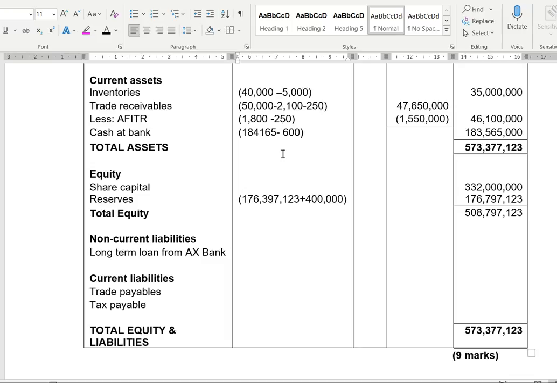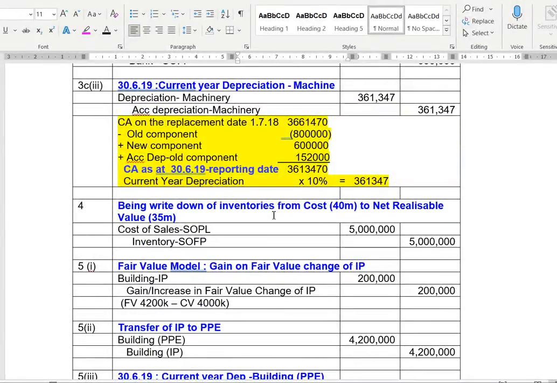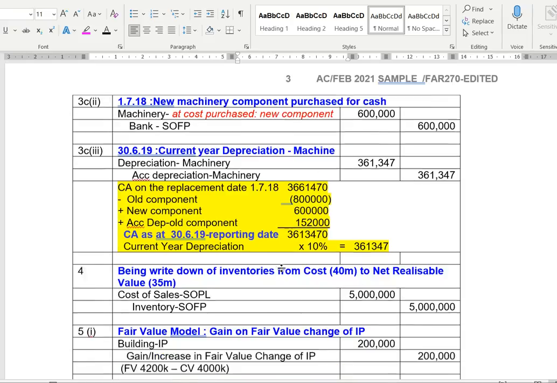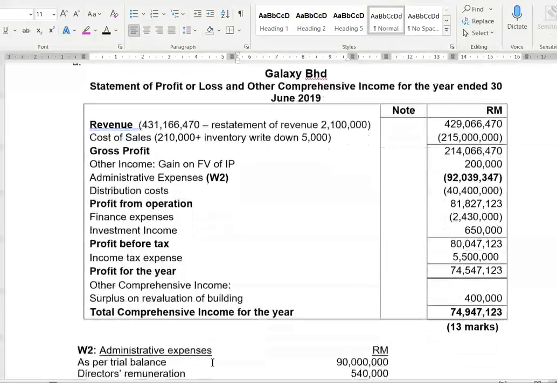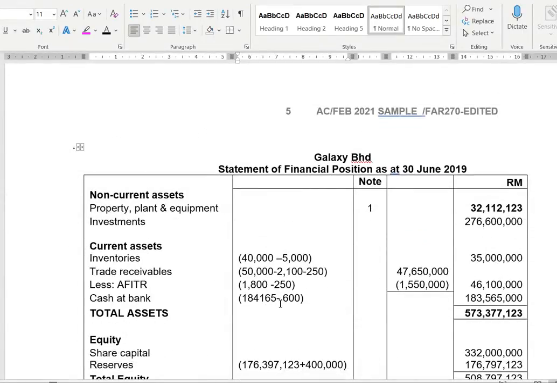The PPE item that was here, the one that we did much earlier here, the old component was replaced by you purchasing a new one. 3C2. So we can write here 3C2. Let me just put here for you. 3C2. Okay. That was the amount that was being adjusted.